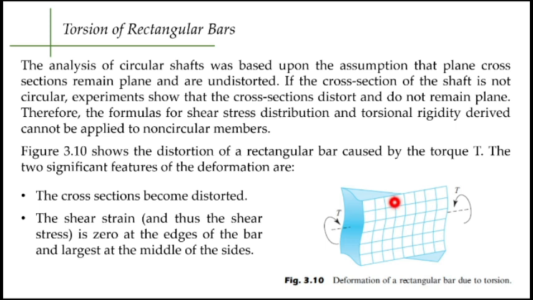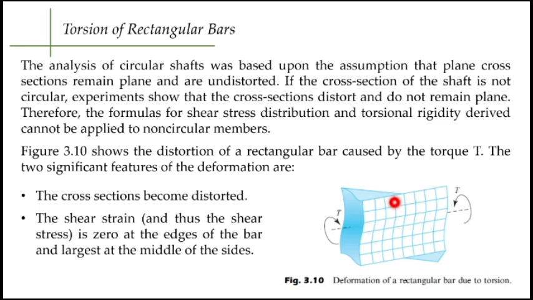Now, figure 3.10, this figure here shows the distortion of a rectangular bar caused by the torque T. The two significant features of the deformation are: one, the cross-sections become distorted. Really, if you twist a foam, it will distort.